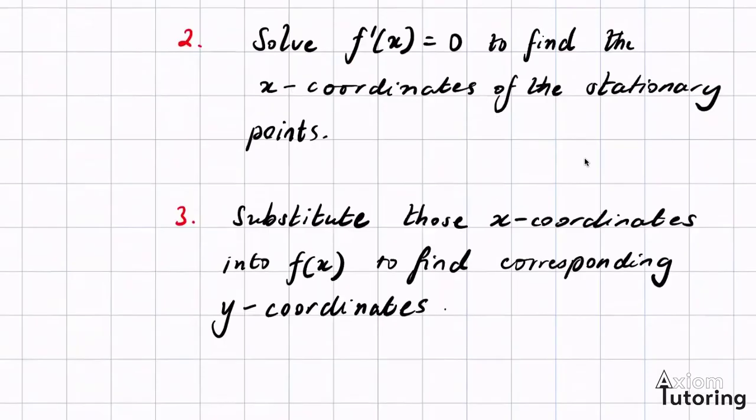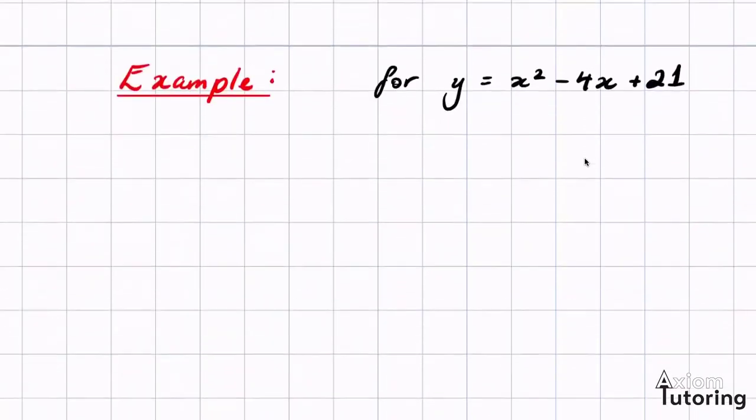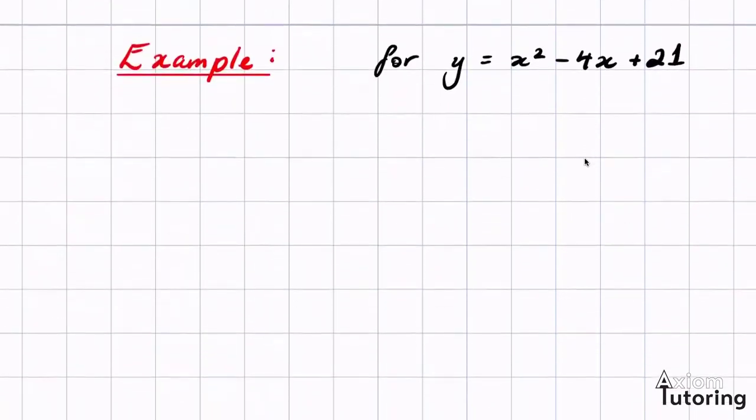And then once we find the x-coordinate of the stationary points, we substitute those x-coordinates into f of x to find the corresponding y-coordinates. So let's look at a really simple example to illustrate all of this.